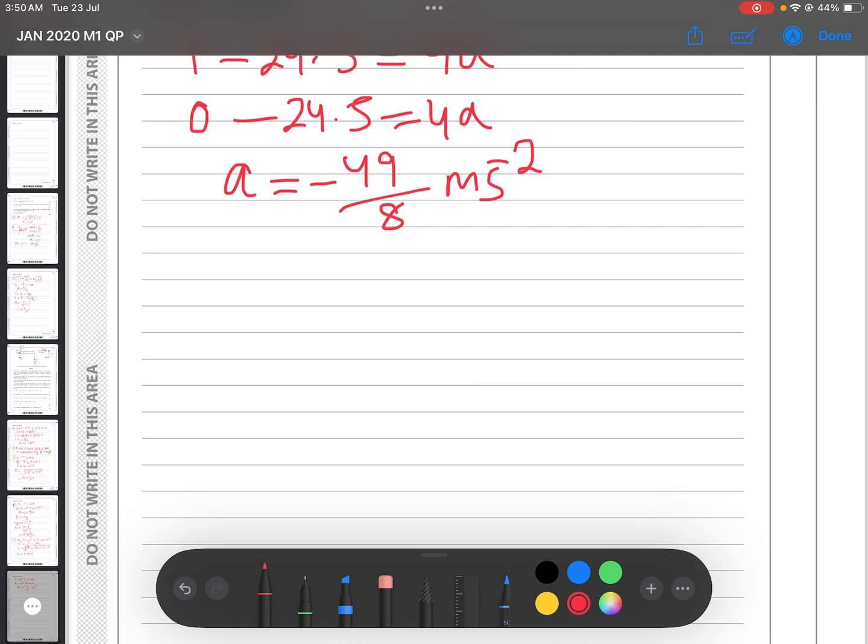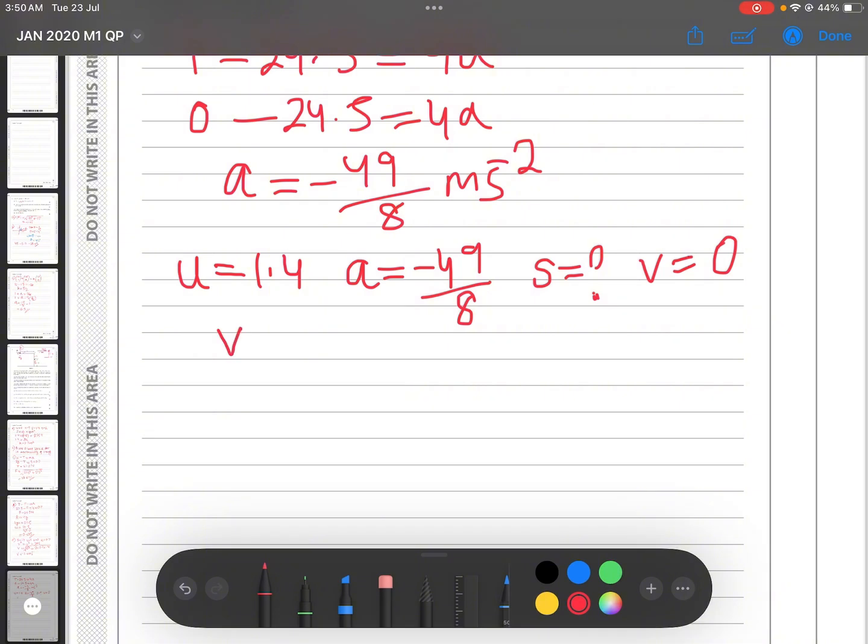So I know that it was traveling with 1.4 meter per second and its acceleration was minus 49 over 8 meter per second squared. The distance is what I'm searching for, and after traveling the velocity will become 0 because ball A is going to stop.